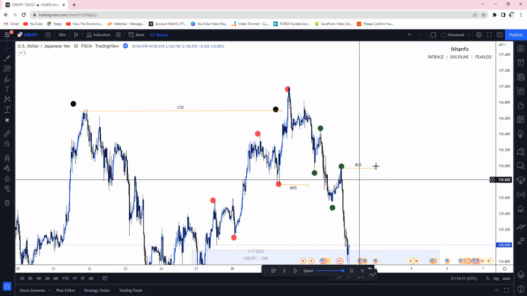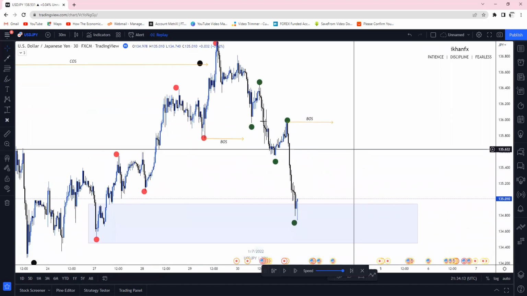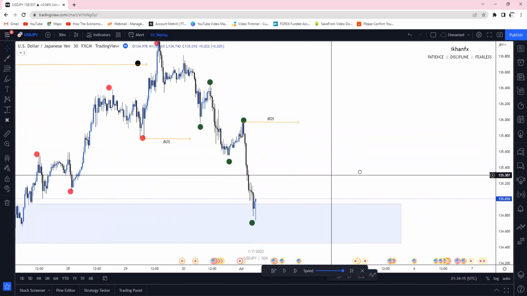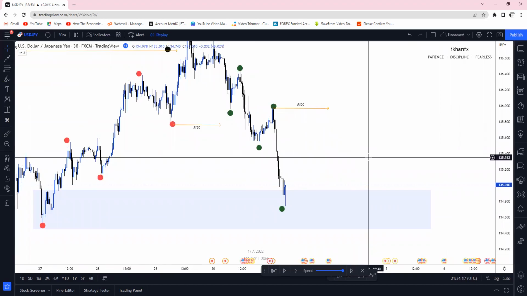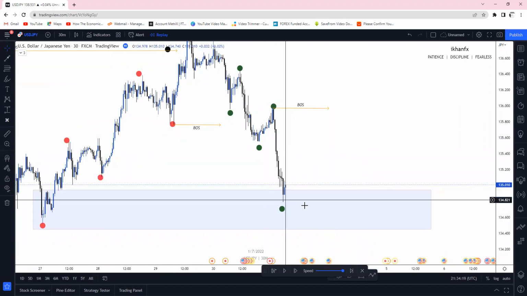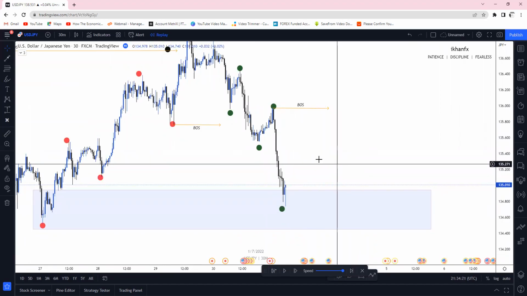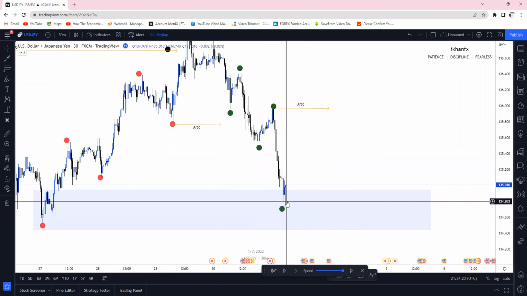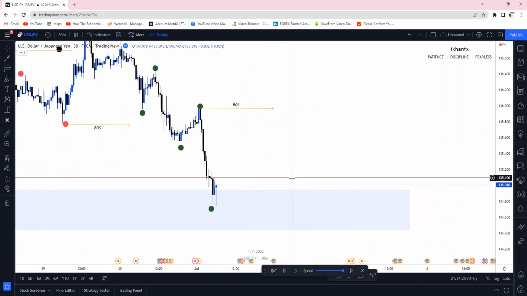Why? Kwa sababu buyers are greater than our sellers. Our supply turn to demand. Here supply always imekuwa turn to demand. Kama umeset limit umeshakuwa triggered. If you wait for confirmation, let's see.